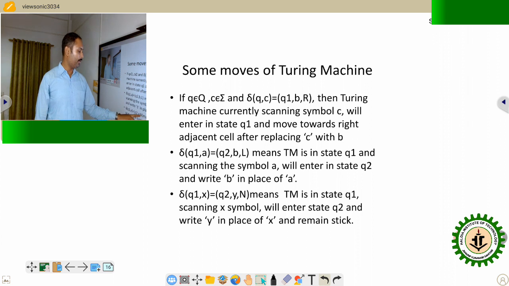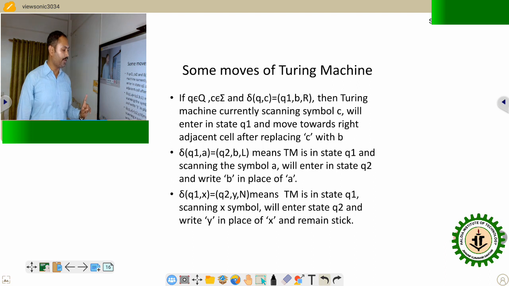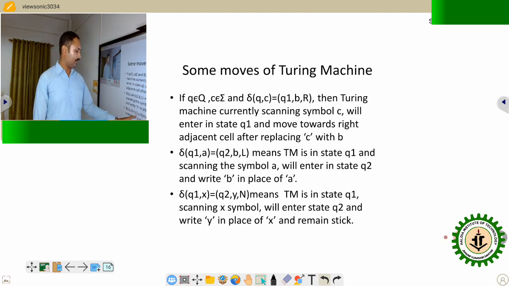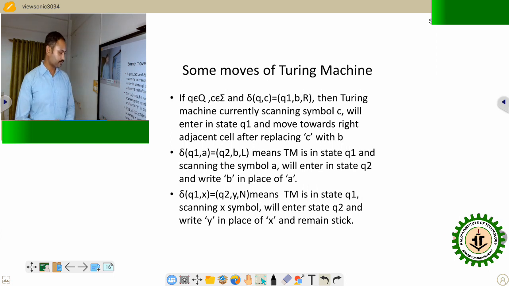Means our input symbol is X. After accepting X, the state Q1 will go to Q2 and X is replaced by Y symbol, but after performing the replacement operation, the read-write head will remain on the same position. That is why N is written, means neutral. So these are the basic operations which are performed by the Turing machine.